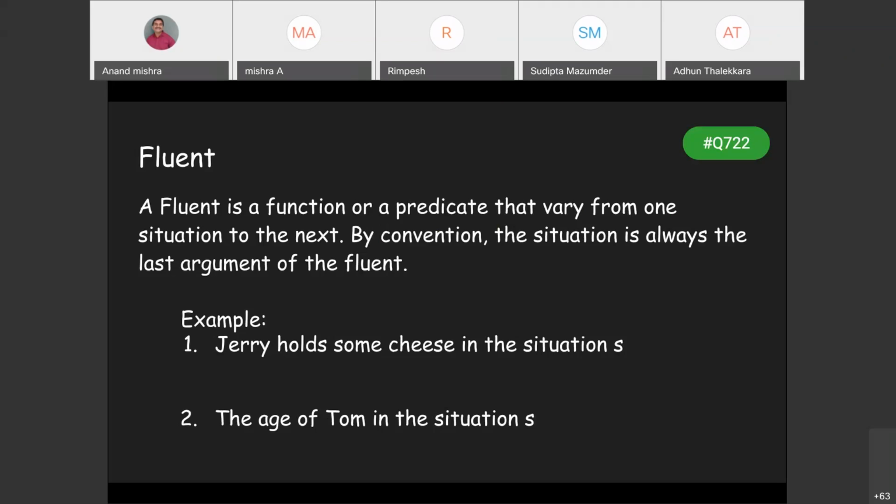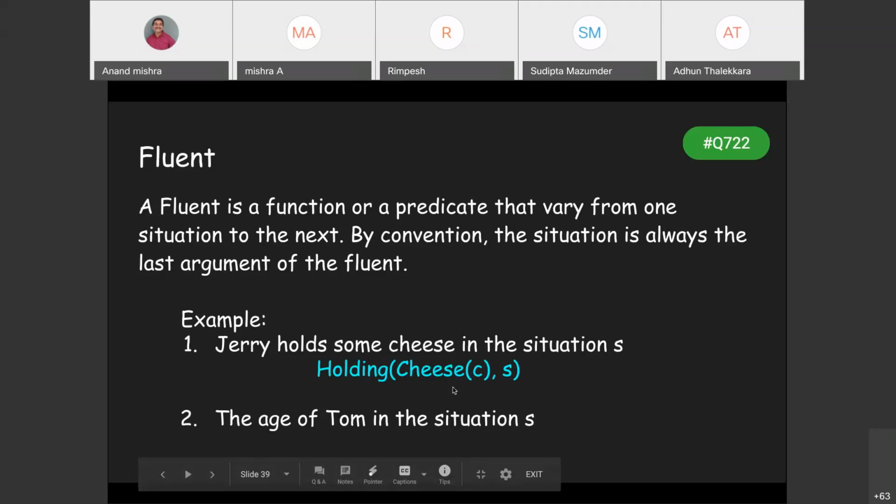Okay, so Jerry holds some cheese in the situation S. And the other example is the age of Tom in situation S. How do you represent that? This is how we represent holding(C, S). C is a cheese, and in the situation S, it is being held.